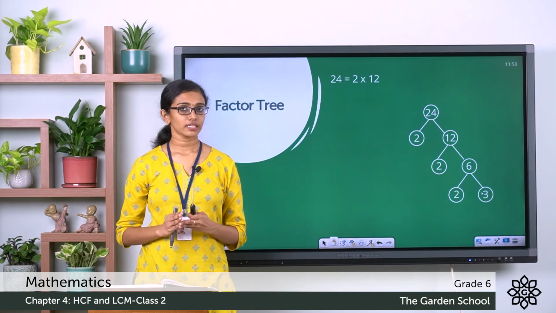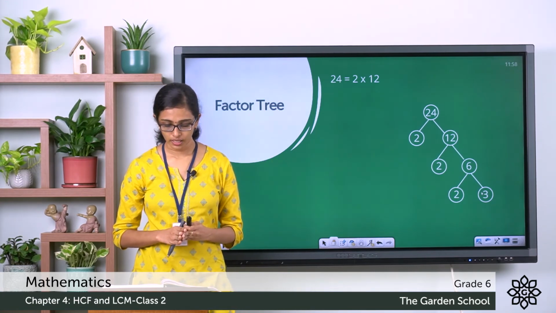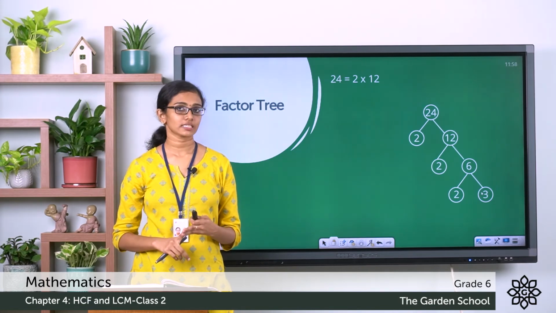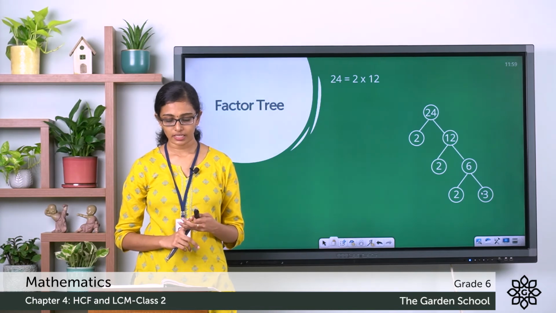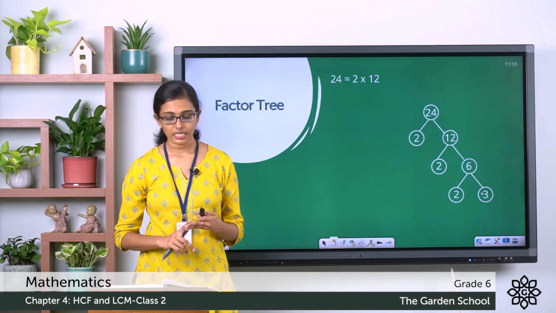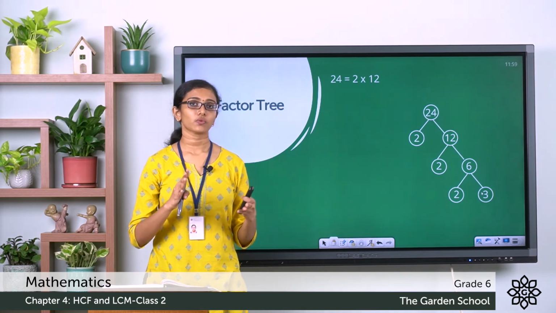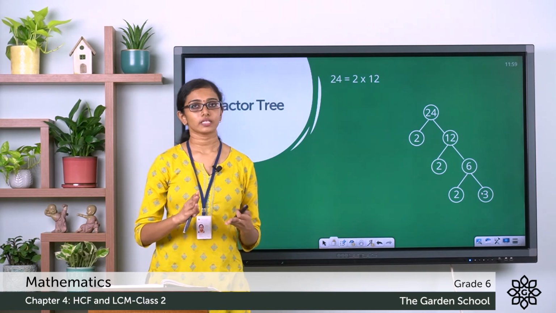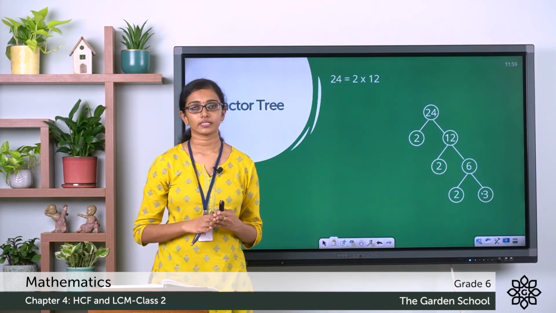One factor tree is that of 2 into 12, when 24 is represented as 2 into 12. There is a factor tree considering the factors 6 and 4, that is 24 equal to 6 and 4, and there is a factor tree considering the factors 3 and 8. Just go through them and understand that for the same composite number you can draw different factor trees. Why? Because composite numbers have got more than 2 factors.